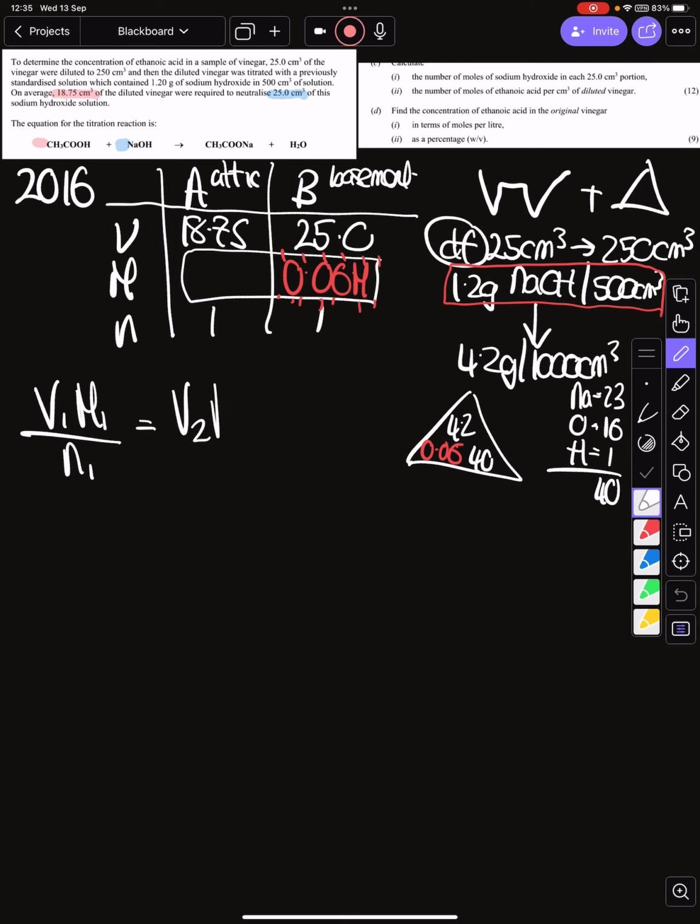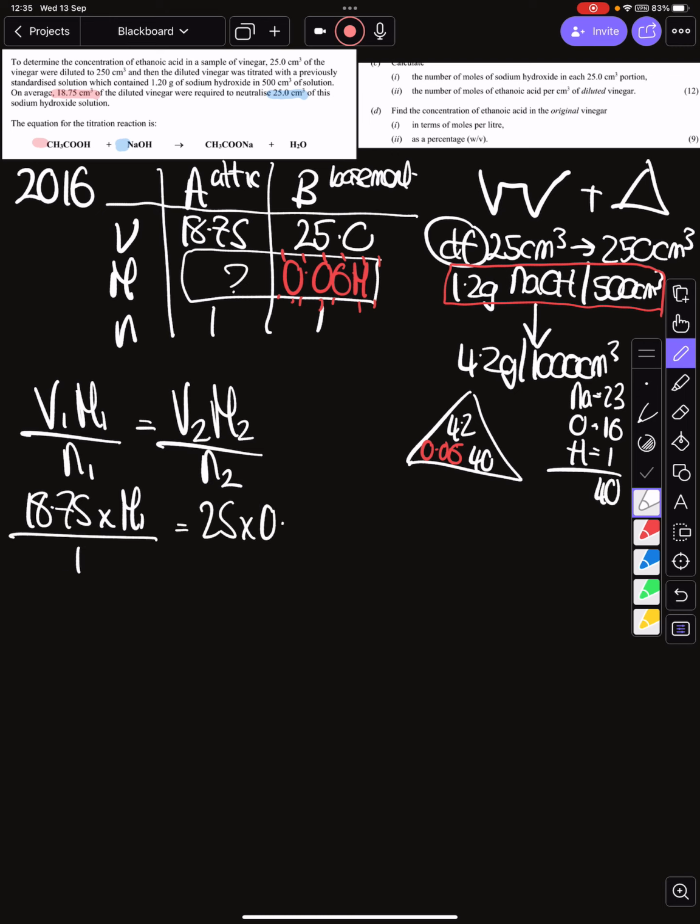So this is the equation that used to be used. V1 M1 over N1 is equal to V2 M2 over N2, and we fill in what we have. So we have 18.75 by M1, because that's our question mark, over 1 is equal to 25 by 0.06 over 1.